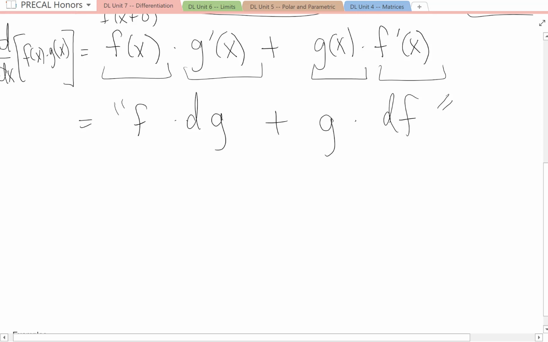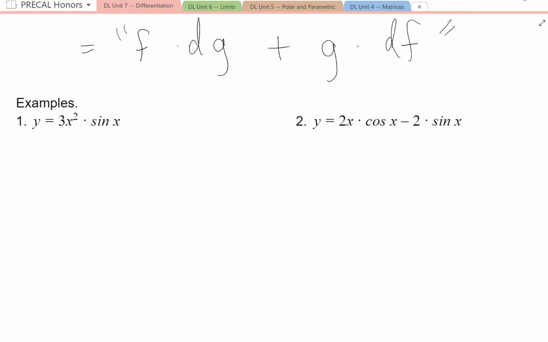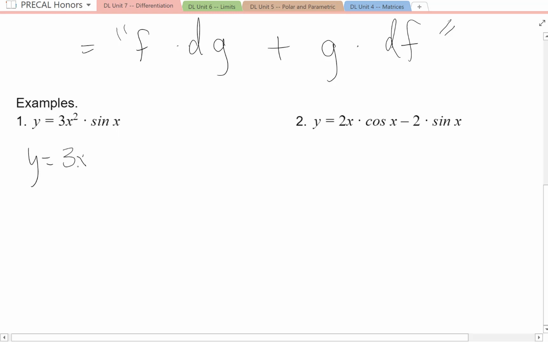Okay, let's use it now. For our first example, we need to recognize what is the f function and what is the g function. What two functions are being multiplied here? So we have y is equal to 3x squared times sine of x.